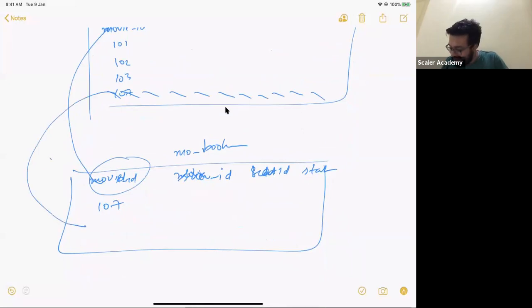You would want to carry forward this delete to all the tables which were dependent on the same movie ID. So you will want to remove all the rows which are talking about 107. Does that make sense to everybody?